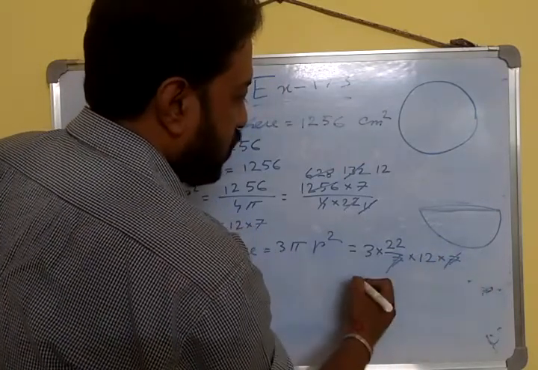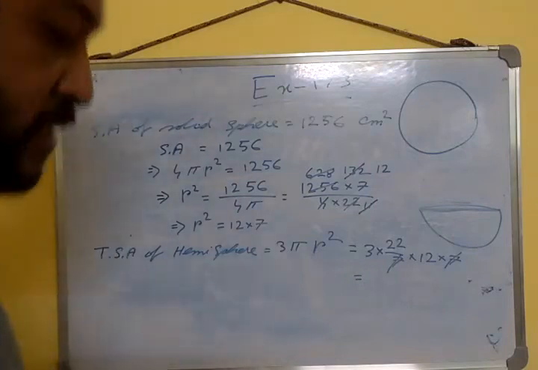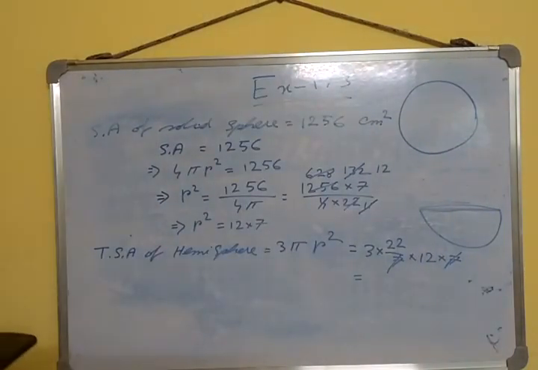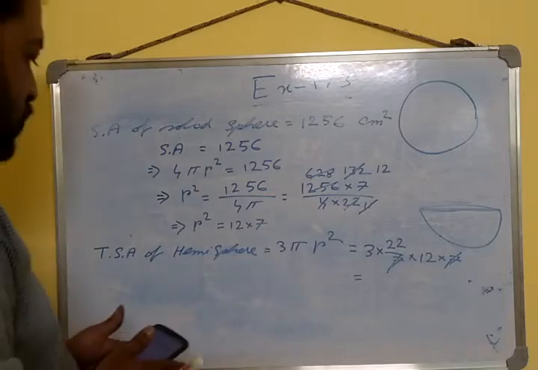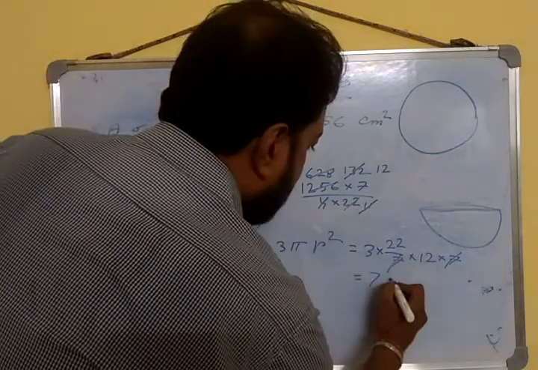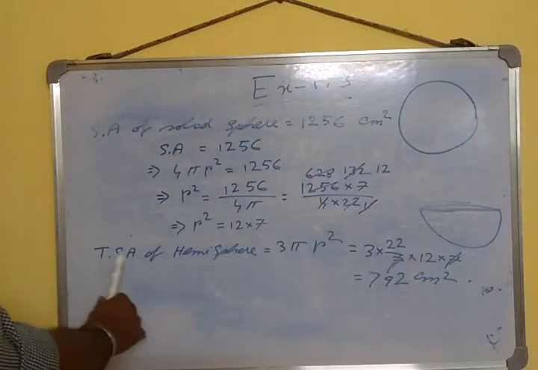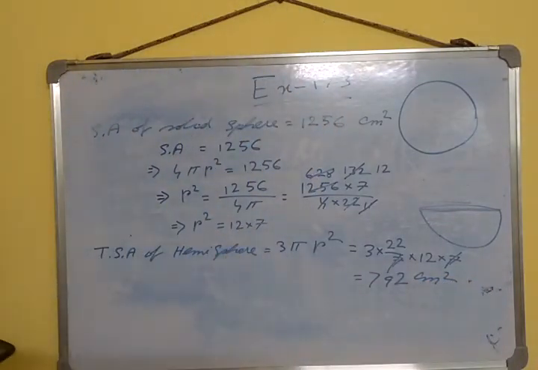So 7 gone. I'm getting 66 into 12, that is 792 centimeters square. It is the total surface area of hemisphere, which is 3 pi r square.